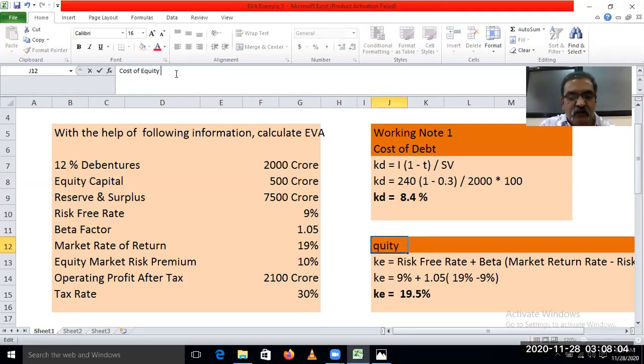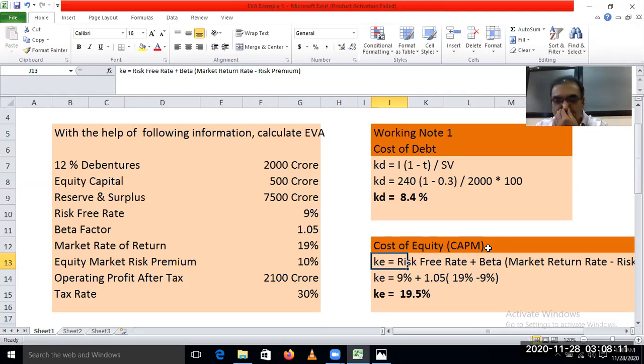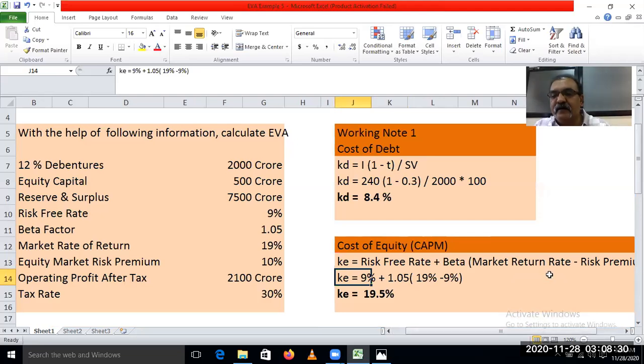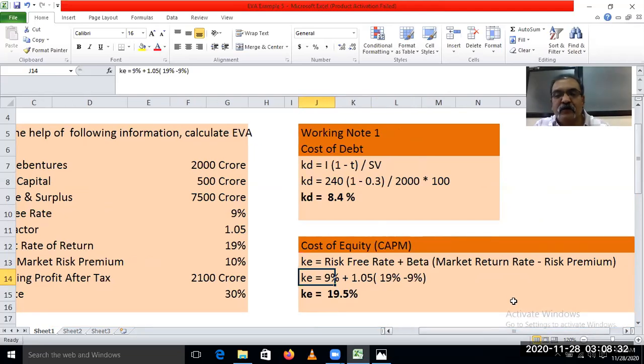So with the help of this, we can calculate the cost of equity capital. This is another method, CAPM, which stands for Capital Asset Pricing Model. According to this theory, cost of equity is equal to risk-free rate plus beta into market return rate minus risk premium.